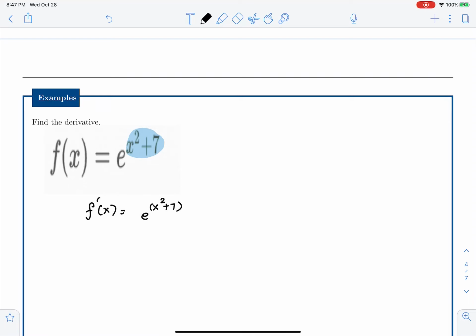Then we realize that the power is not just x, rather it is a function of x. So we have to multiply by the derivative of x squared plus 7, which is 2x plus 0. Again, we are using chain rule. So we will end up having 2x times e raised x squared plus 7.